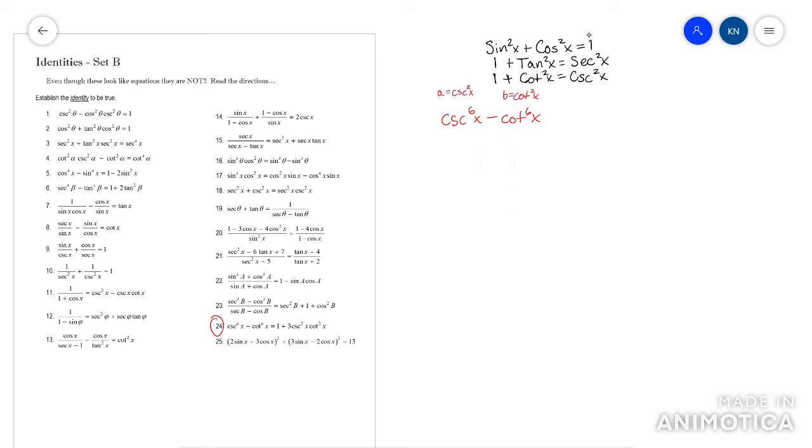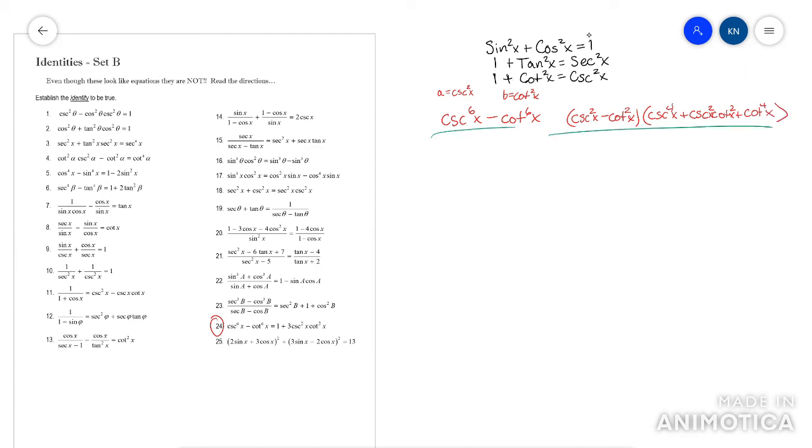So when you do your difference of cubes, if you do it right, you should get cosecant squared minus cotan squared, times cosecant 4 plus cosecant squared cotan squared plus cotan 4.